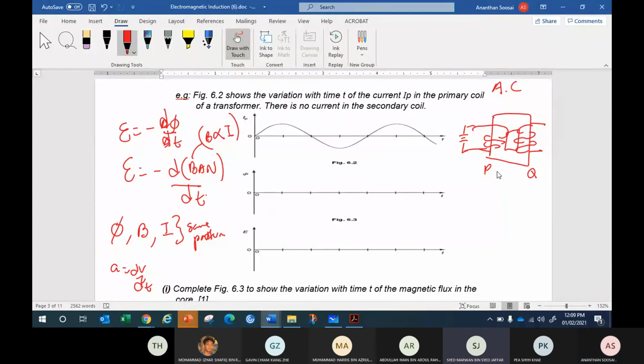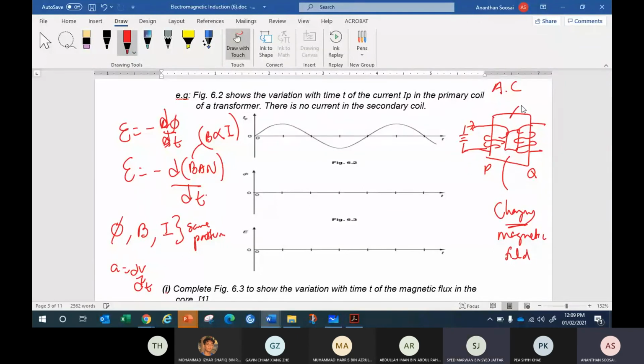AC produces a magnetic field inside the transformer. When AC current flows in the primary coil, it produces a changing magnetic field. The keyword is changing. Changing magnetic field in where?